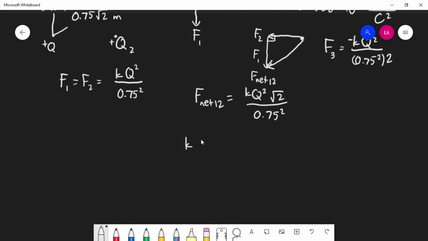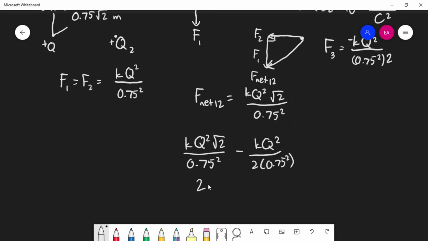This becomes kQ squared square root of 2 over 0.75 squared minus kQ squared over 2 times 0.75 squared. Now, since we're dealing with fractions, we take the cross multiplication of this.